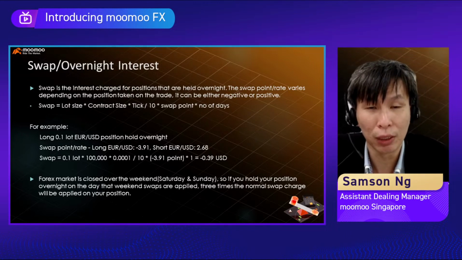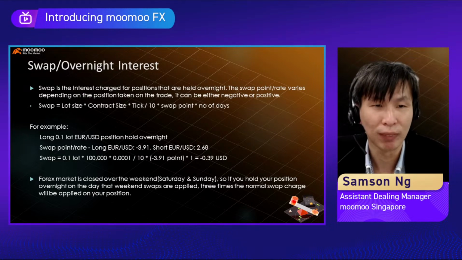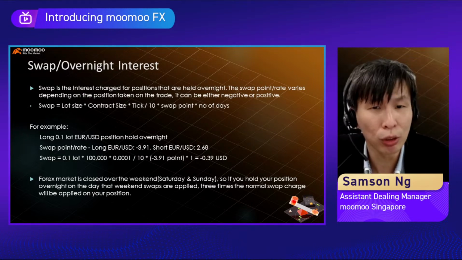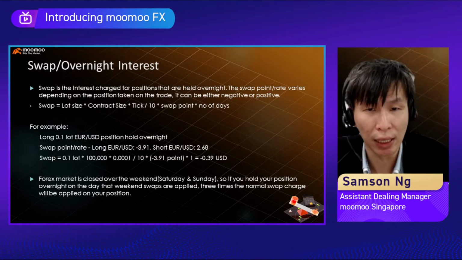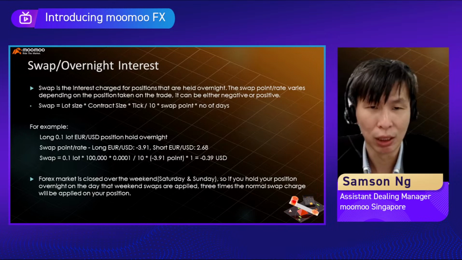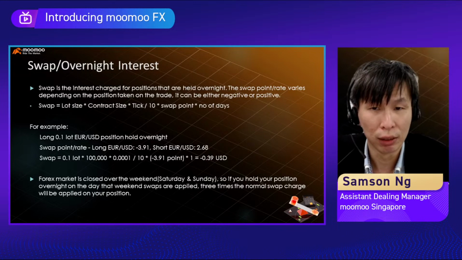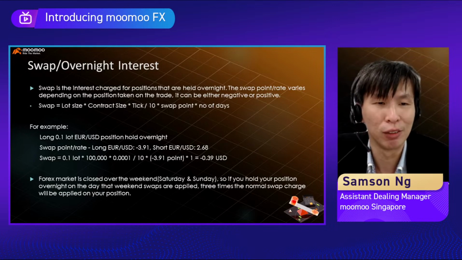So it will be equivalent to negative 0.39 USD. And something to take note of: when you hold your position overnight and it falls on the day before the FX market is closed over the weekend, the weekend swap is 3 times more than the normal daily swap charge.